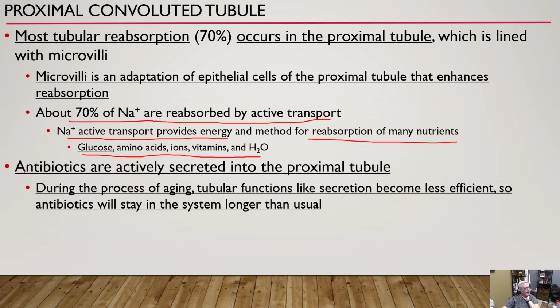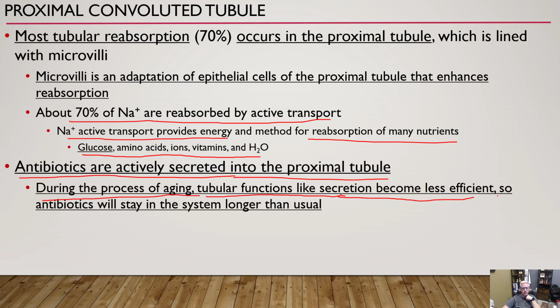And that active transport provides energy for reabsorption of other nutrients such as glucose, amino acids, different ions, vitamins, and water. Now, antibiotics are actively secreted into the proximal tubule. The key thing with antibiotics is that, and we'll talk about the aging process later on, but during the aging process, tubular functions like secretions become less efficient.